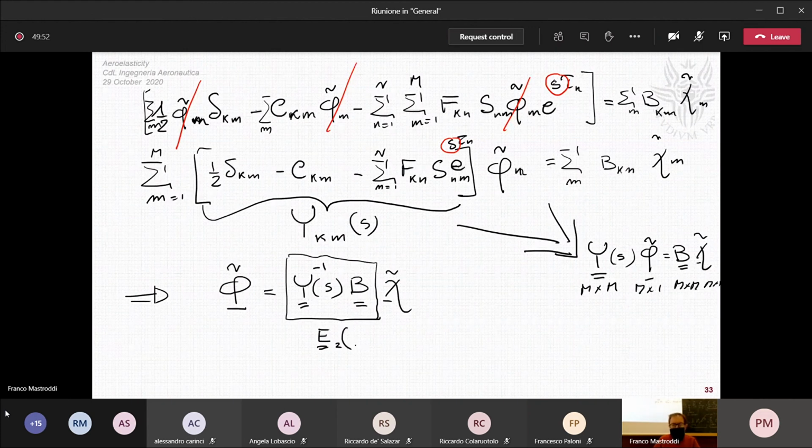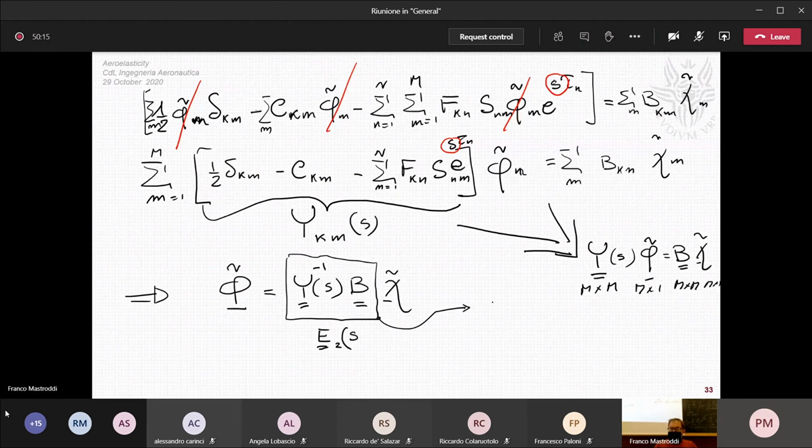This E2 operator is depending on the Laplace variable. It's a strange transfer function with this exponential. And is this operator depending on the geometry of the wing or the aircraft?